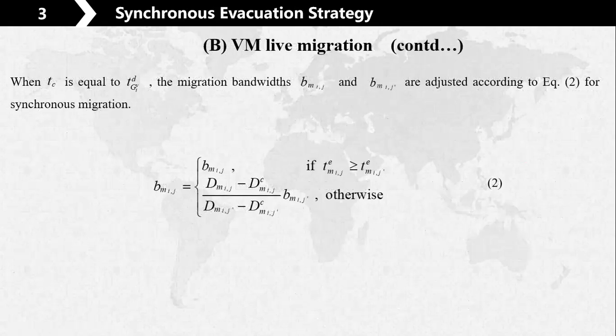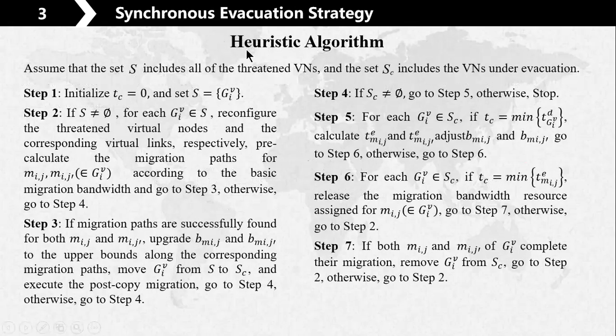Then we adjust the bandwidth for each VM of the dual virtual machines according to equation 2, so that there will be synchronization between those virtual machines, and this can happen only when it reaches the downtime. So here we present the heuristic algorithm of our scheme, and you can see all the detailed steps of our heuristic algorithm presented here.